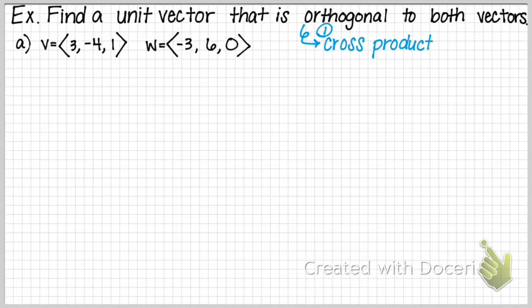And then since we want it to be a unit vector, after we find the cross product, we will just find the unit vector of the cross product.